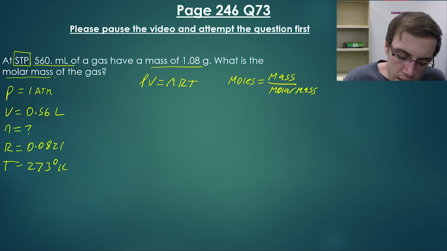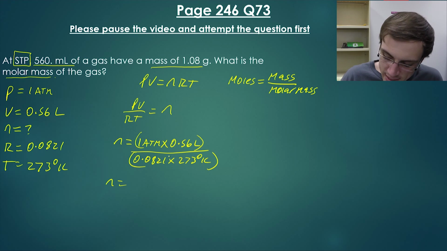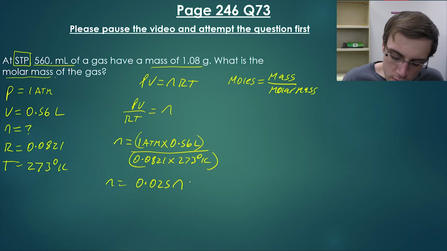So what we do is plug and chug, but we need to get moles by itself. So I'm going to move this R and T over here. So we're going to have PV over RT is equal to moles. We pop that into the calculator, and we are going to get 0.025 moles.